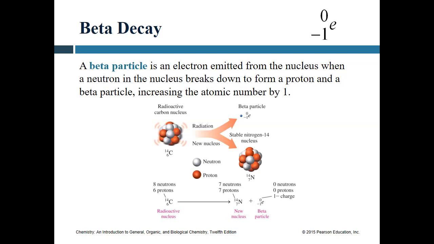And so it ends up taking between 15 and 20 steps to go from that unstable uranium to the stable lead isotope. And along each step in the process, you've got many, many years of half-lives.